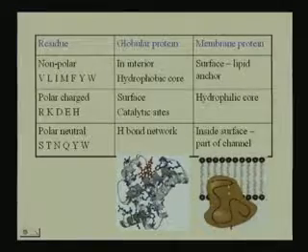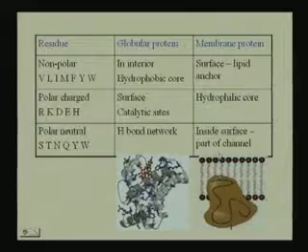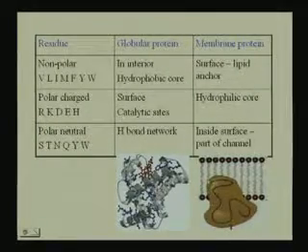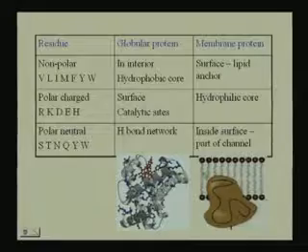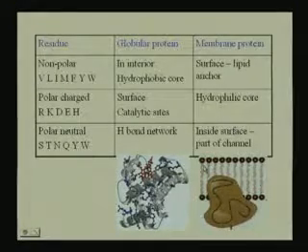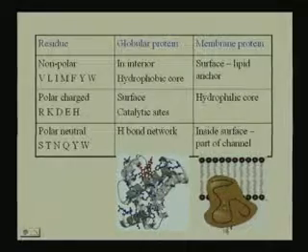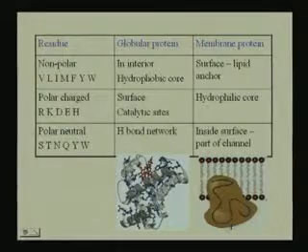If you had a hydrophobic core in here, it would be extremely difficult for you to allow this transfer to occur. Okay. So, in the membrane proteins, we have the surface hydrophobic amino acid residues that are going to link up or form interactions with the hydrophobic tails of the lipid bilayer, and inside we have a hydrophilic core. We have a hydrophilic surface that allows the transport of ions in and out of the cell.